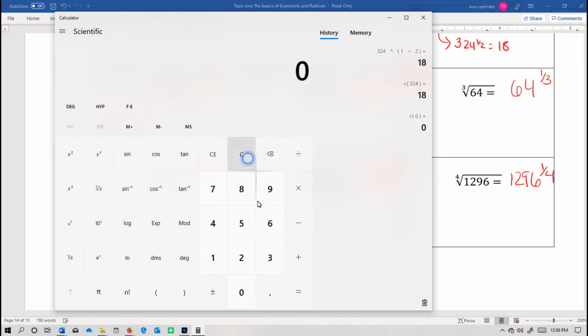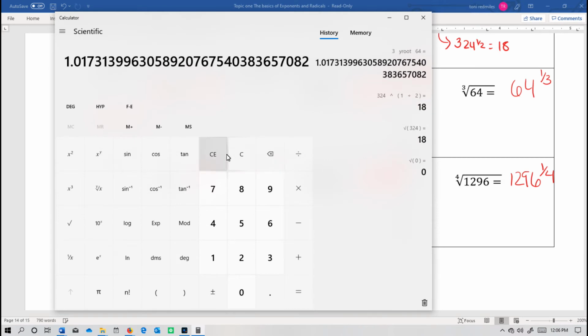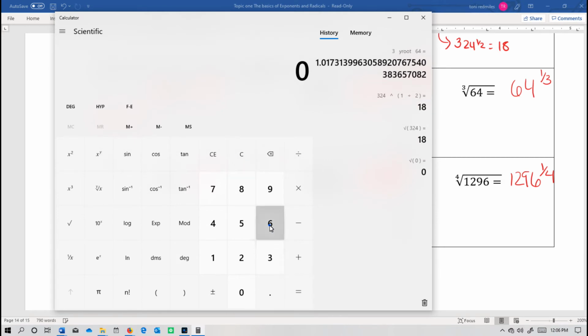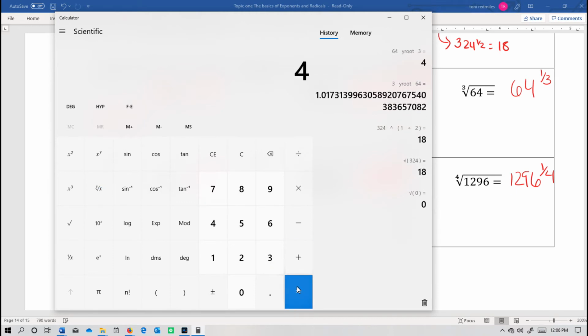I don't think that's how, okay, I think I have to go 64. Nope. I love it when technology does not work with me, so I have to find a different way of doing it last minute.